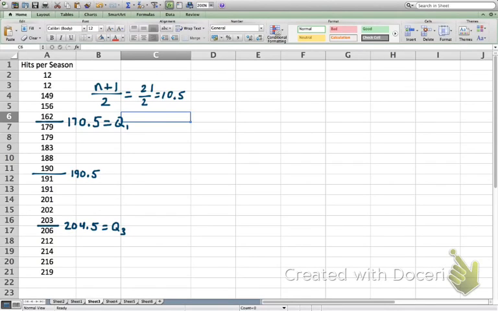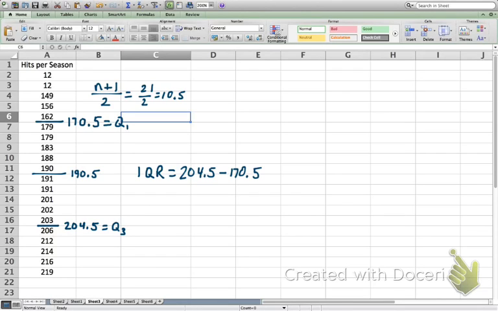At this point, we can go ahead and find the IQR. The IQR is going to be 204.5 minus 170.5.